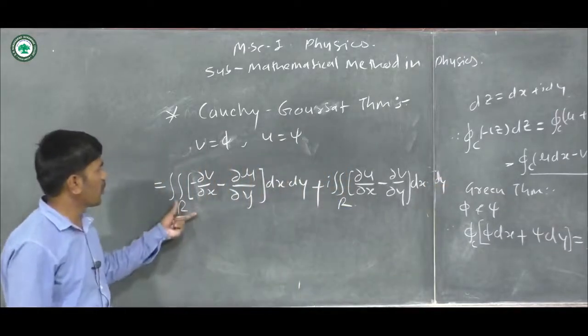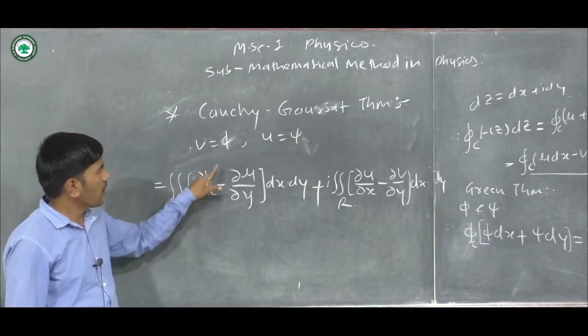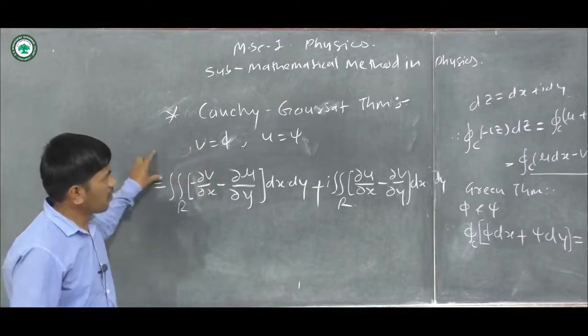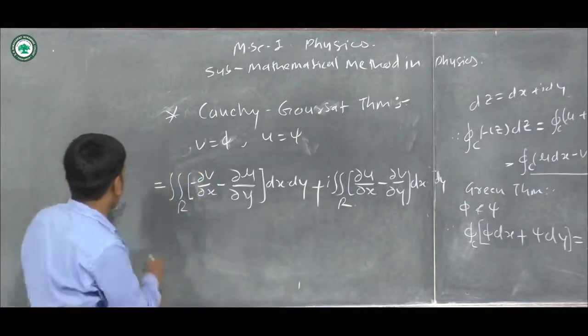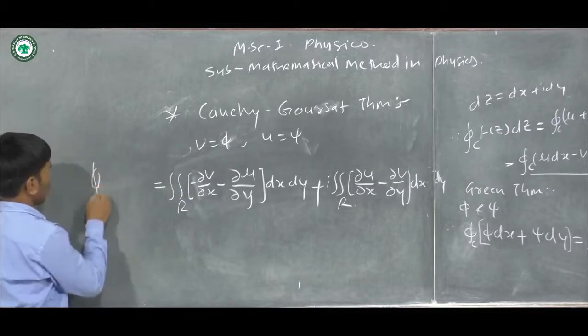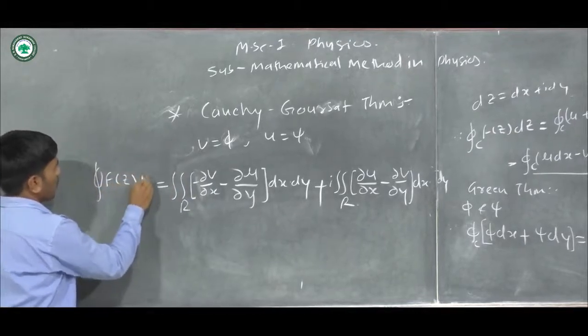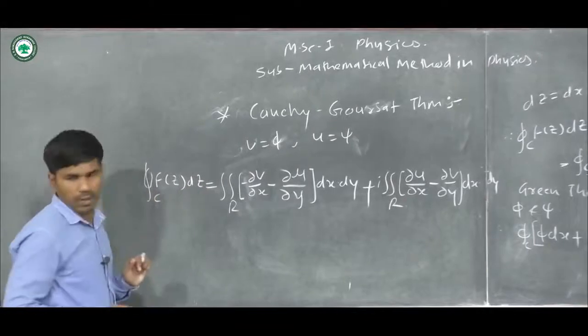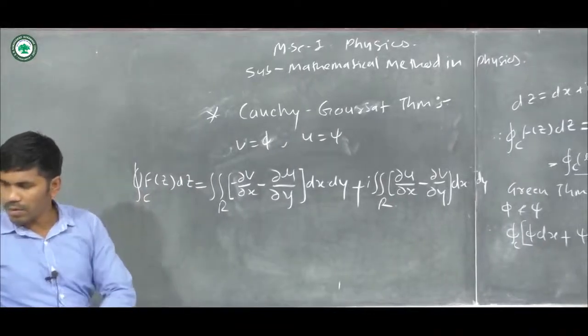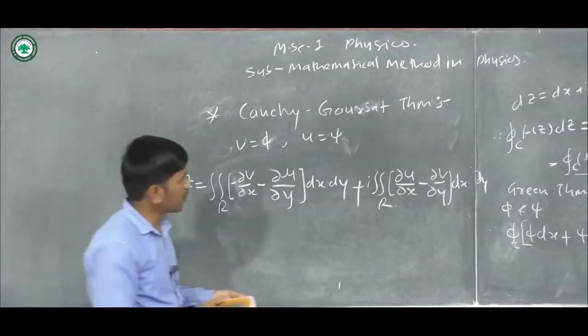This is the expression, by using Green's theorem, for the closed integral of f(z) dz over C. Let me check. Okay, right.